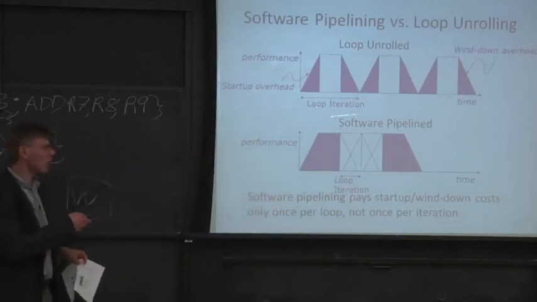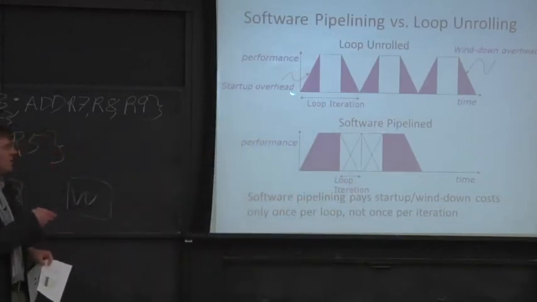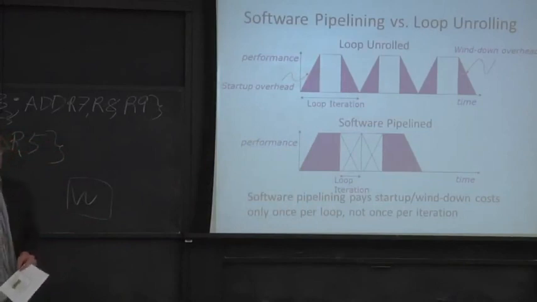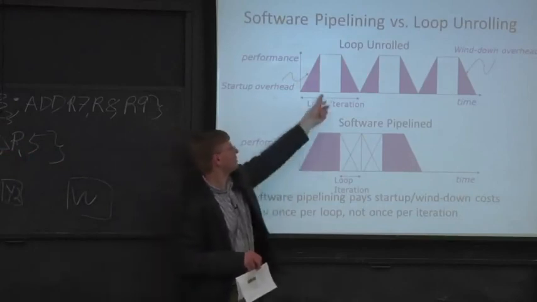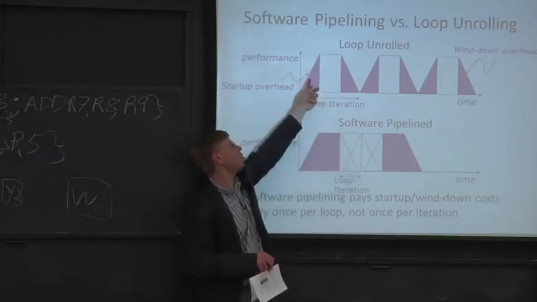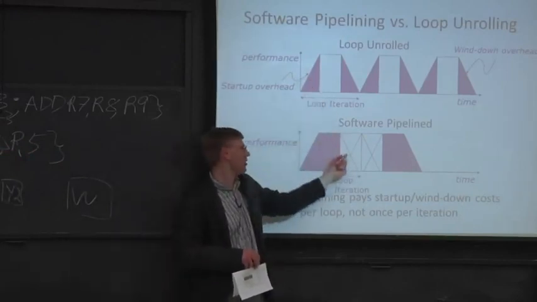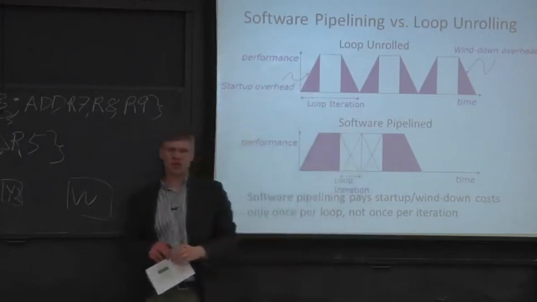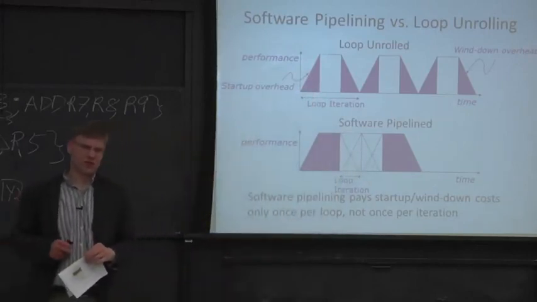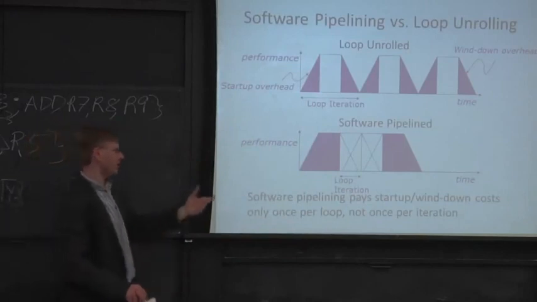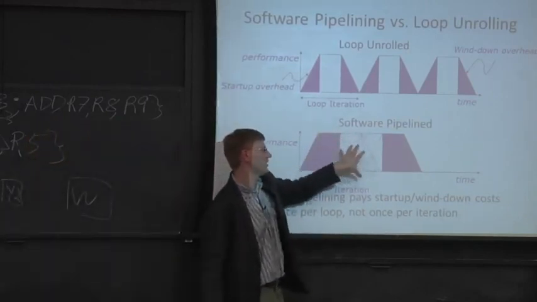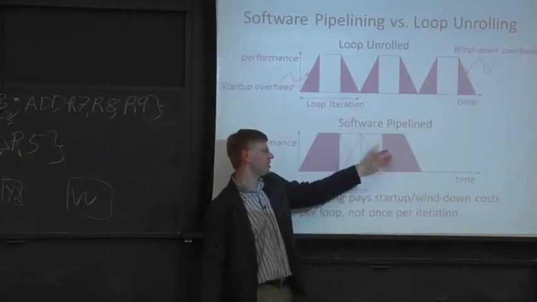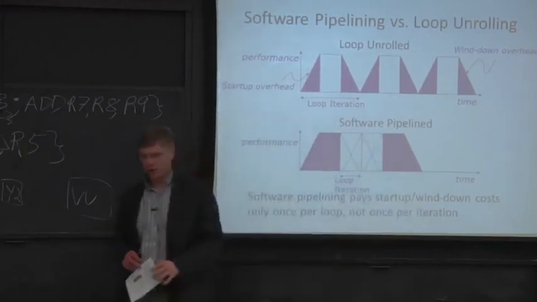But when we go to look at software pipelined, we can overlap one loop's startup with the loop iteration of another. We can execute our prologue, execute multiple iterations very tightly, and then have our epilogue here.